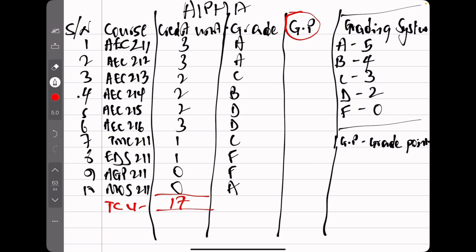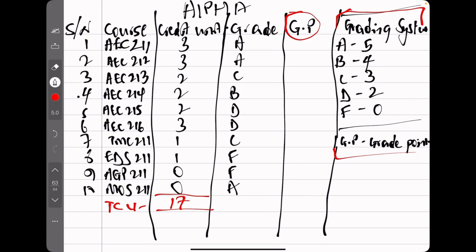And then this is where the tricky part is. It's not so tricky, but this is the part you need to understand. Your grade points is the multiplication of your credit unit by the grading system. I already wrote our grading system here, and we use a 5 point grading system.